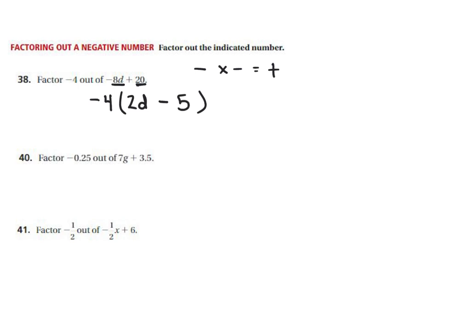For number 40, we are going to factor out negative 0.25. So negative 0.25 times what would give us 7g? So we're going to have to do this little equation again. Negative 0.25 times something equals 7. So we'll divide by 0.25.